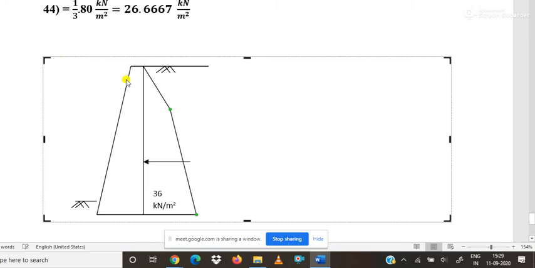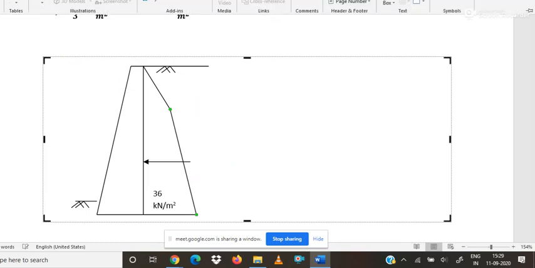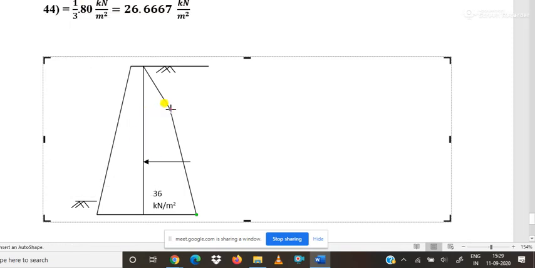That means the pressure distribution diagram will be like this.